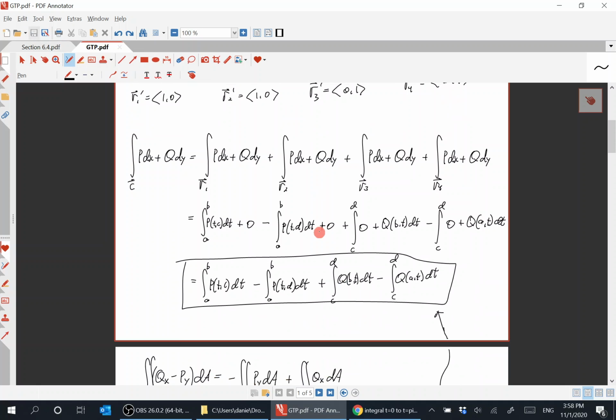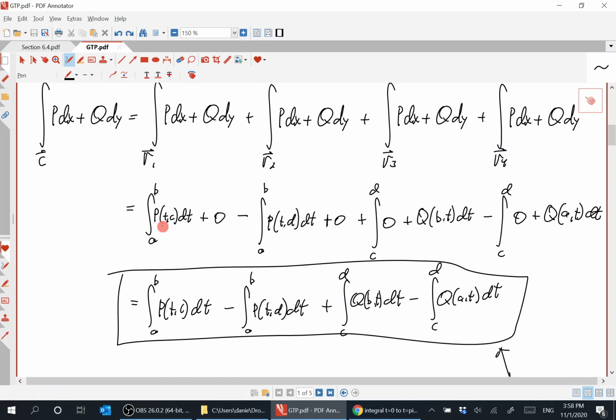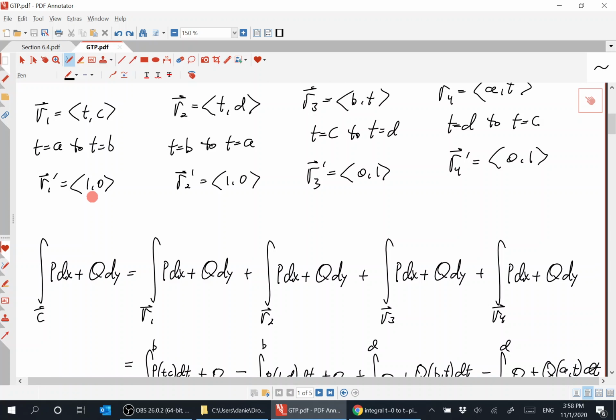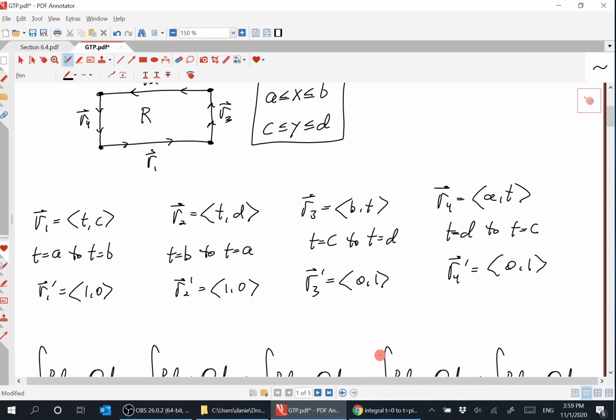So this is equal to the integral from a to b, p of (t, c), that's the R1, dt. Right, dt is just 1. So it's the integral from a to b, p of (t, c) dt, minus the integral from a to b of p of (t, d), because this one's going backwards.